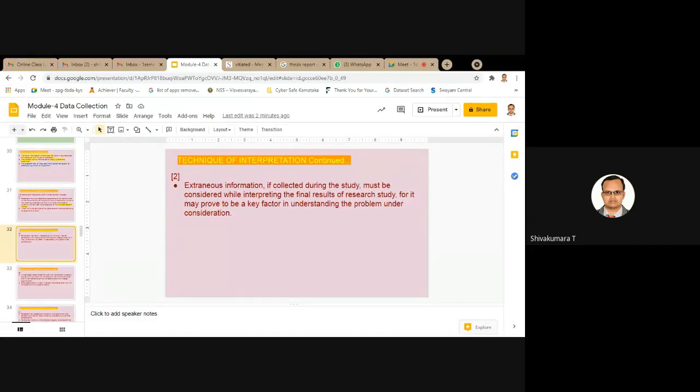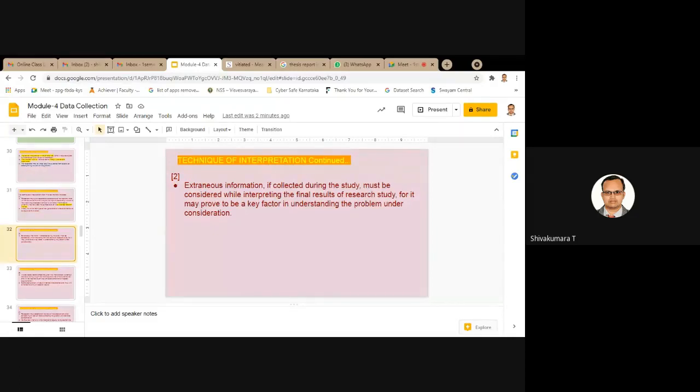So, extraneous information, if collected during the study, must be considered while interpreting the final results of the research study, for it may prove to be a key factor in understanding the problem under consideration.